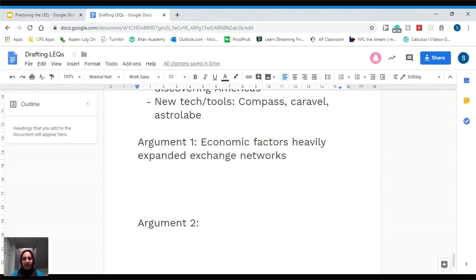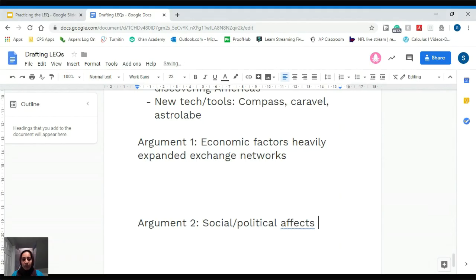Or we could say economic factors didn't really have an impact, but again, you're probably going to argue more for this side. And for your counter argument, you could talk about social or political effects. Slavery could technically be social if you're talking about race and all of that, but for the most part, it's an economic system.